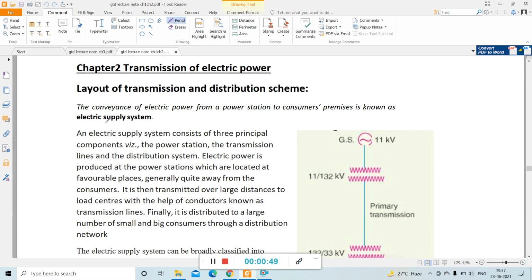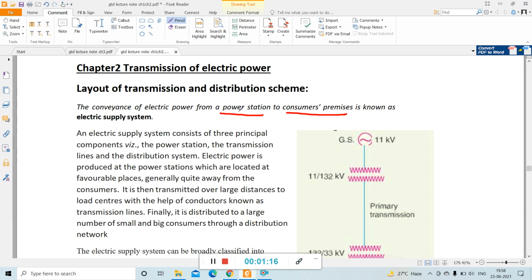So in the layout of transmission and distribution scheme, first of all we have to know about the electric power system or electric supply system. What is this system? The conveyance of electric power from power station to consumer premises is known as electric supply system.